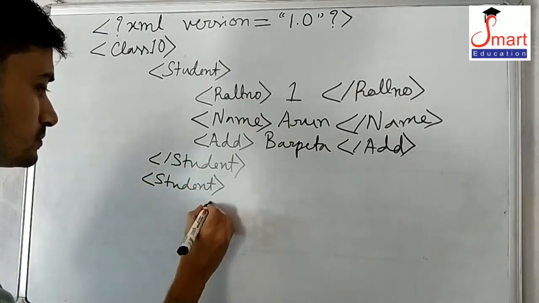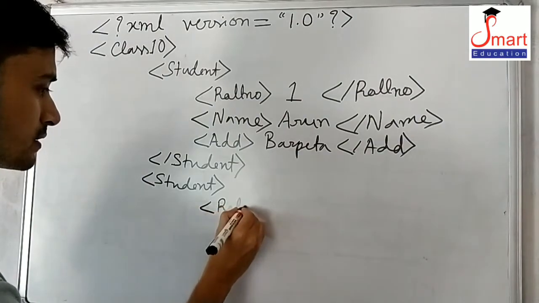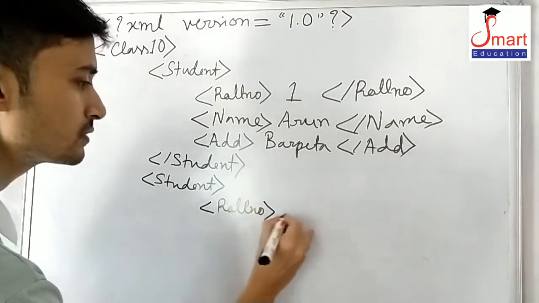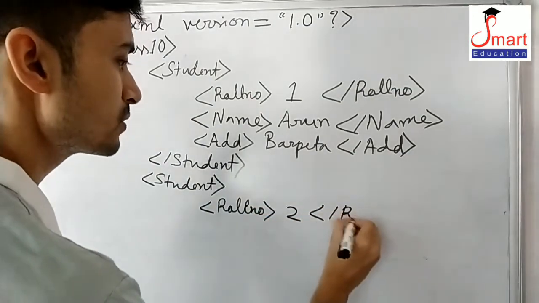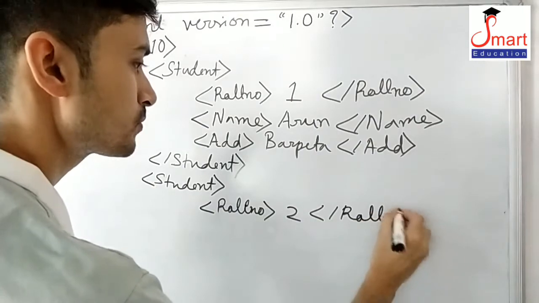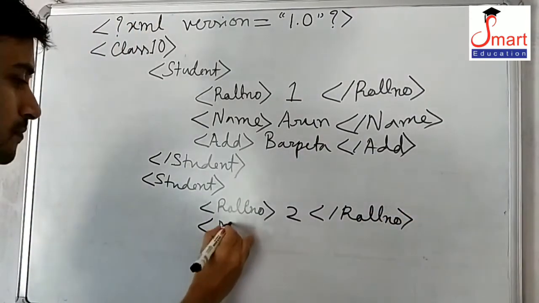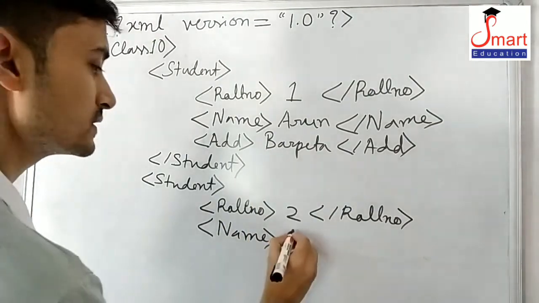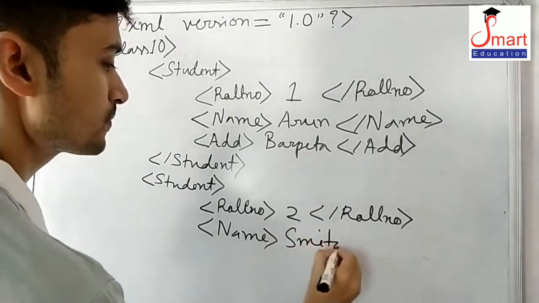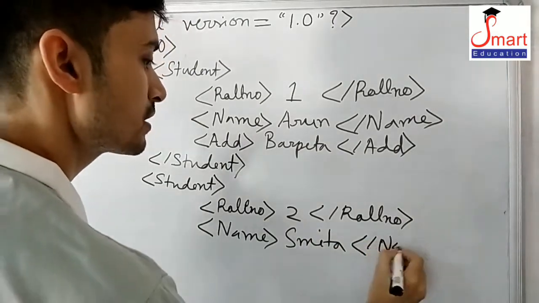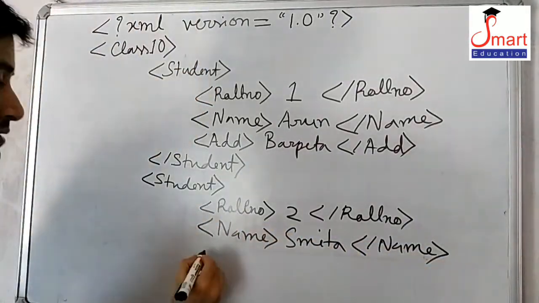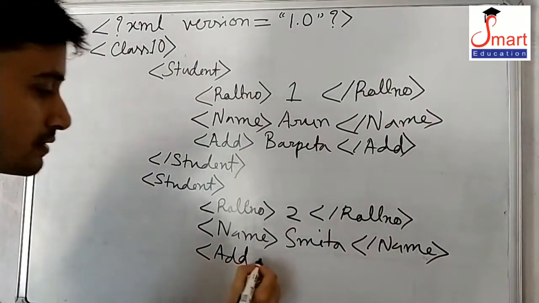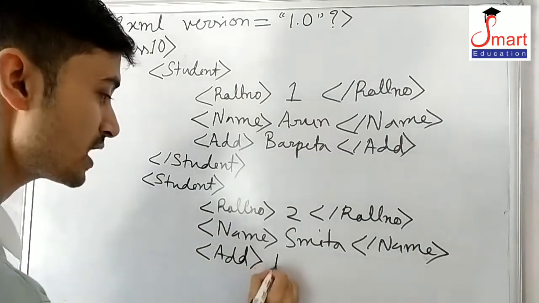So now roll number, then 2, roll number closed, then name, I gave Smita, then name close, then address, I gave Bongaigaon.